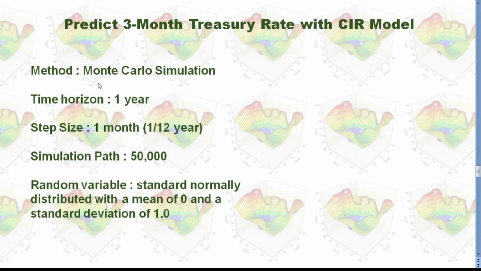In summary, I will use Monte Carlo simulation, and I will predict the interest rate 1 year ahead, with step size 1 month, that is 1/12 year. Use 50,000 simulation paths. And for this market risk randomness, I'm going to use a standard normal distribution with a mean of 0 and a standard deviation of 1.0.